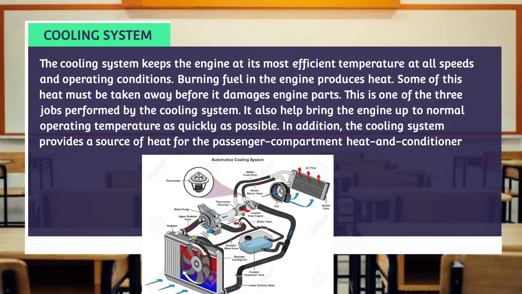Burning fuel in the engine produces heat. Some of this heat must be taken away before it damages engine parts. This is one of the 3 jobs performed by the cooling system. It also helps bring the engine up to normal operating temperature as quickly as possible. In addition, the cooling system provides a source of heat for the passenger compartment heater and air conditioner.